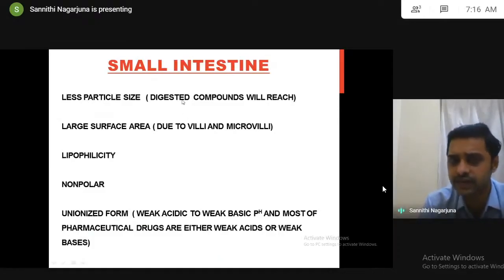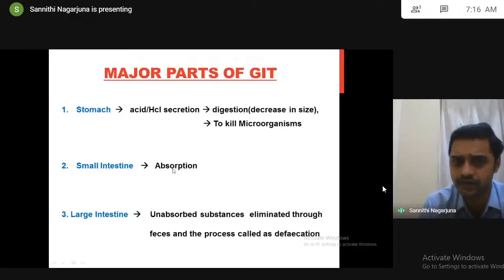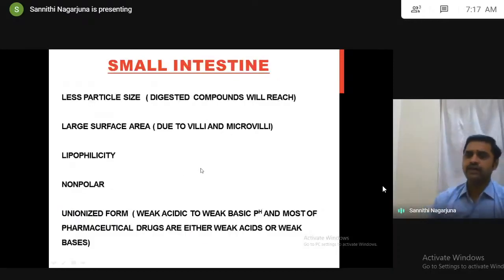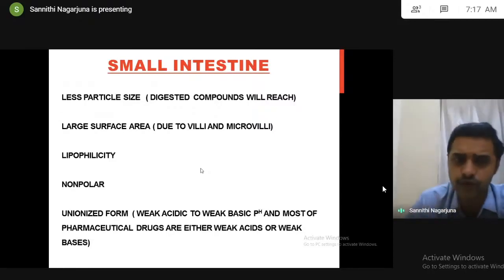That's why we say digestion is very much essential for the process of absorption. If there is more digestion, more decrease in size, you will get more absorption. That is the reason why we should not swallow the food. We should chew the food, we should masticate the food. If you chew the food more times in your mouth, the more decrease in particle size, you will get more absorption.